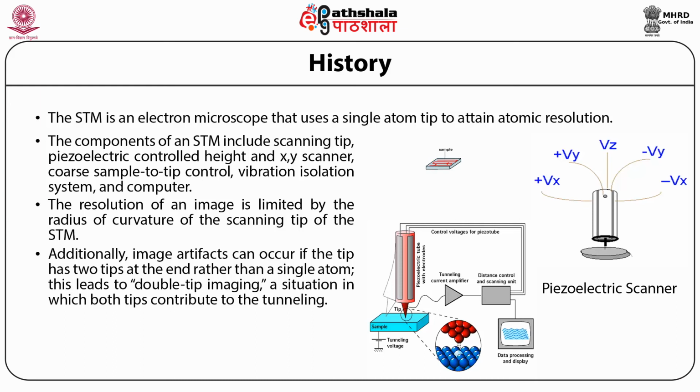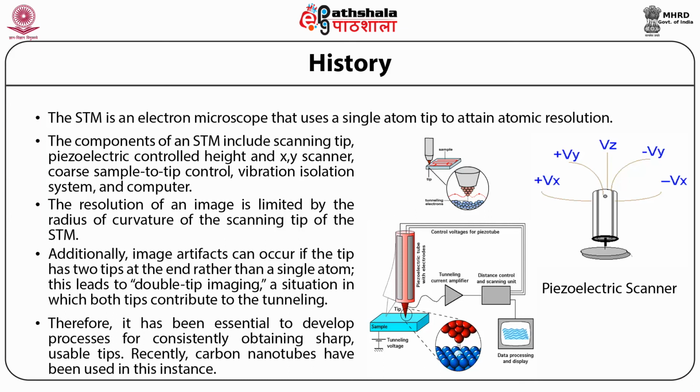This leads to double tip imaging, a situation in which both tips contribute to the tunneling. Therefore, it has been essential to develop processes for consistently obtaining sharp, usable tips. Recently, carbon nanotubes have been used in this instance.